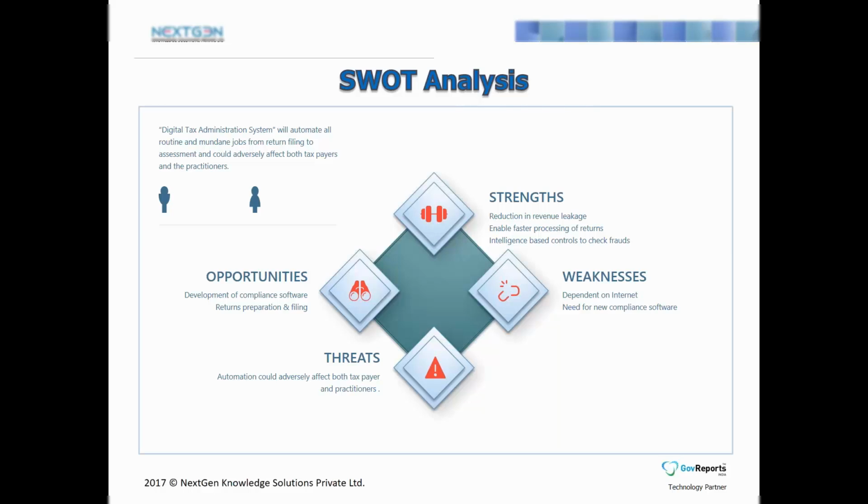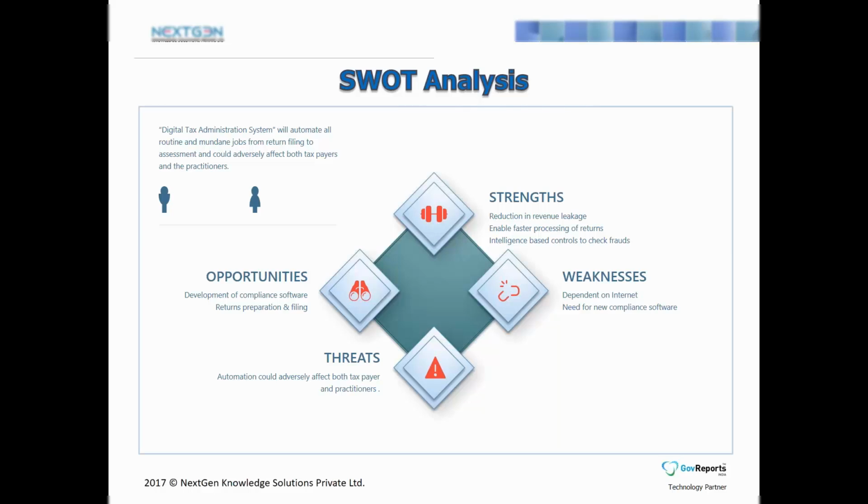Now the threats are that automation could adversely affect both taxpayers and tax practitioners, which we have discussed earlier also. To taxpayers, because even if he doesn't file the return, the system will have all the data of his purchases and sales available from his suppliers and buyers, and his tax assessment can be made without his filing the return.